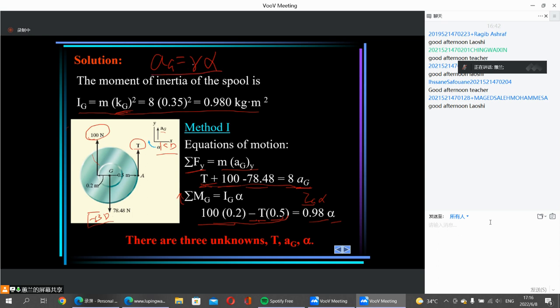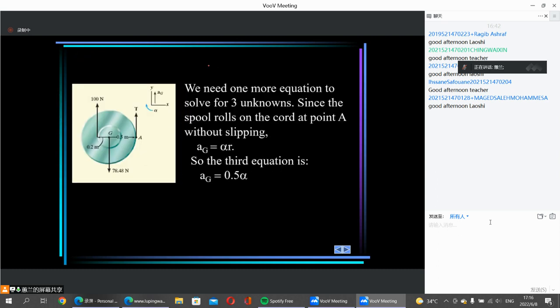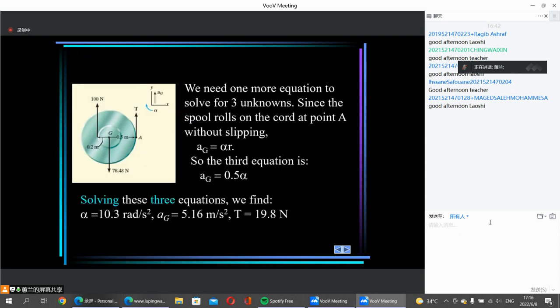Just now I explained why, when AG is going up, alpha should be clockwise. Why AG equal to R alpha? Again, because it's no slipping. That means the contact point is the IC. So we have VG equal to R omega, and taking the time derivative, AG equal to R alpha. So we have three equations. Solving these three equations, we can find the angular acceleration of the disk, the acceleration of the mass center, and the tension force.